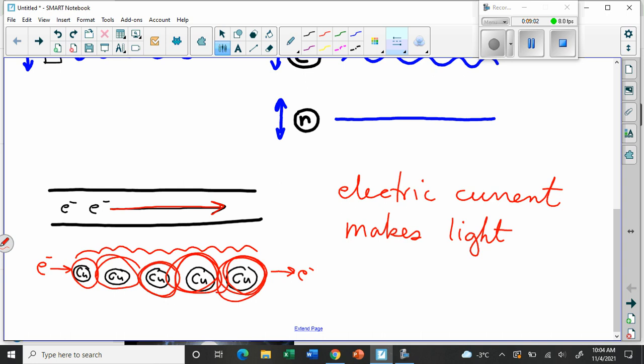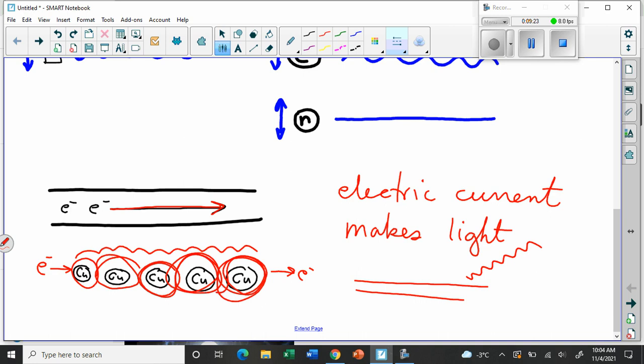So we can use electric machines that can sense the wiggles that are around a wire in your house. As the electricity goes through the wires in your house, it makes ripples in this little ocean, this electromagnetic ocean. And we can detect that.